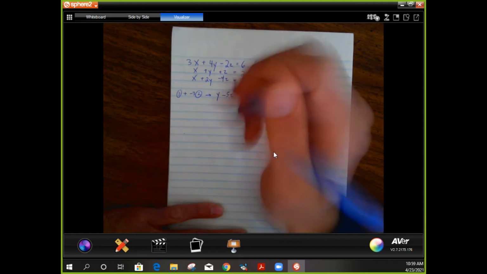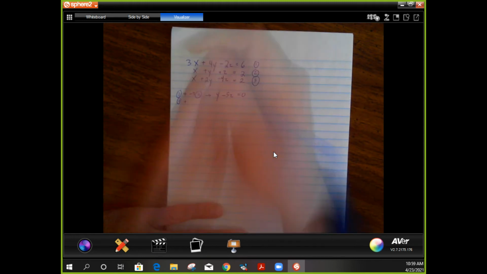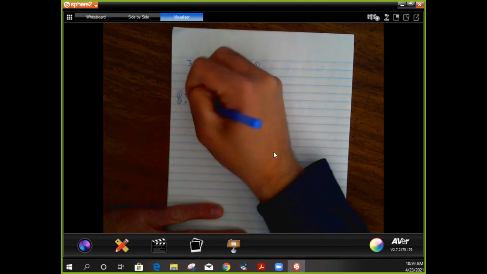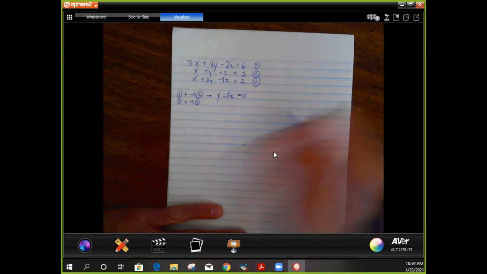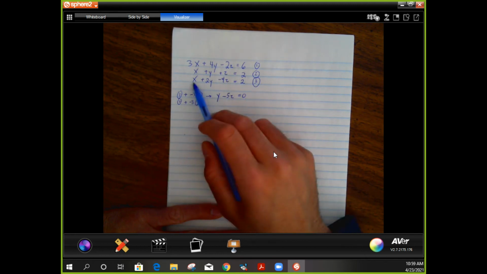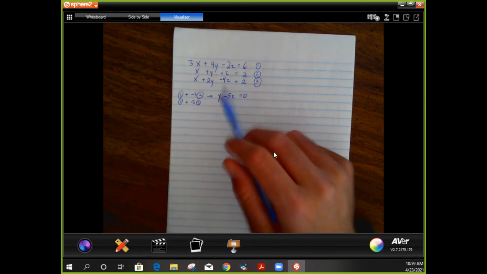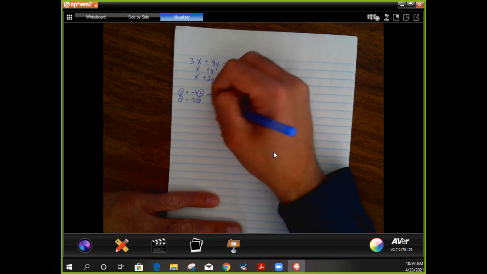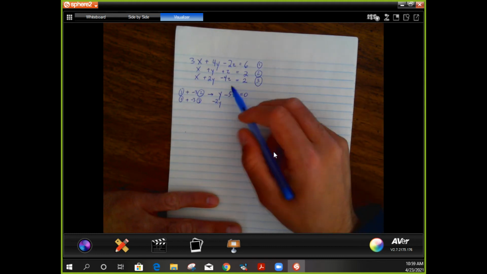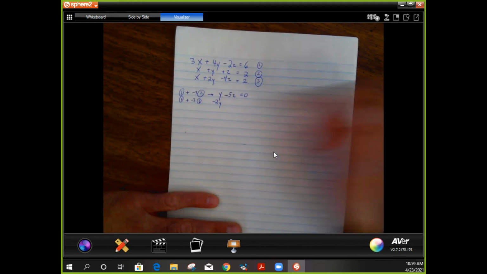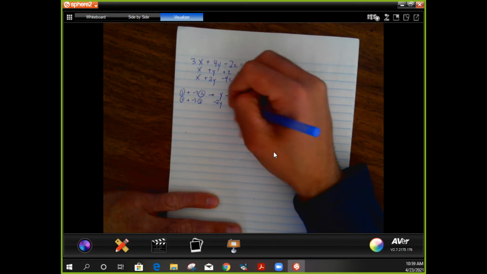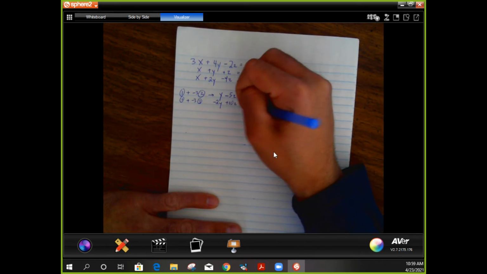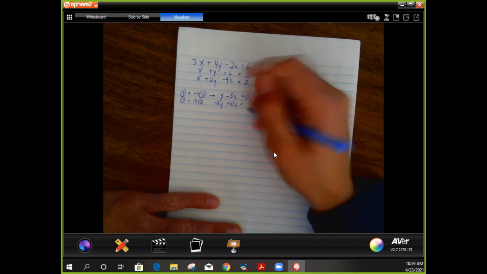Then take equation 1 and add it to negative 3 times equation 3. Negative 3x plus 3x cancels out. Negative 3 times 2y is negative 6y plus 4y is negative 2y. Negative 3 times negative 4 is 12 plus negative 2z would be 10z. And negative 3 times 2 is negative 6 plus 6 is 0.